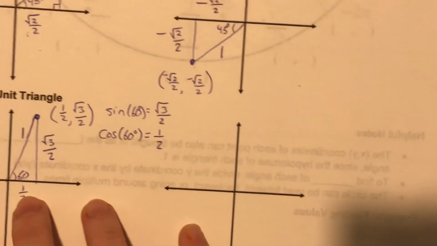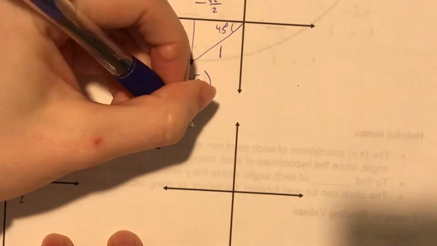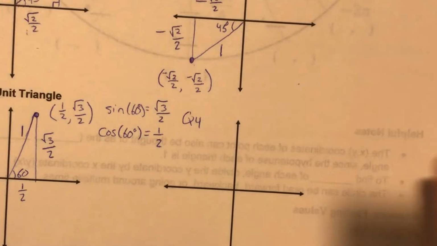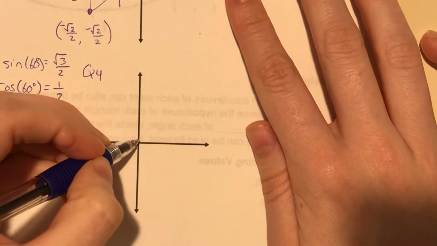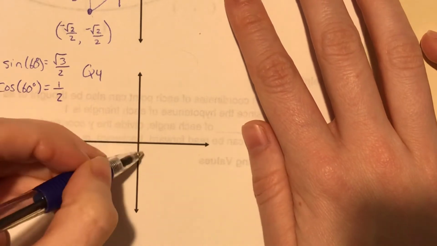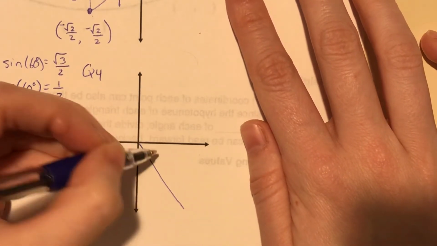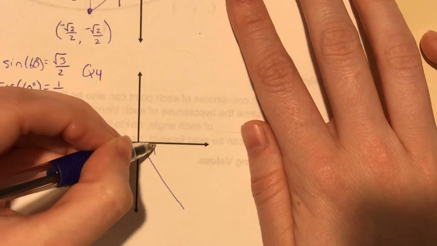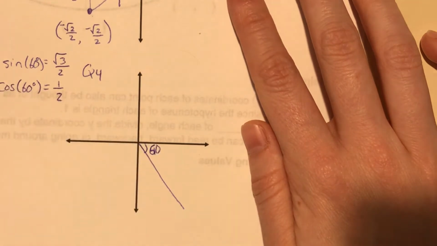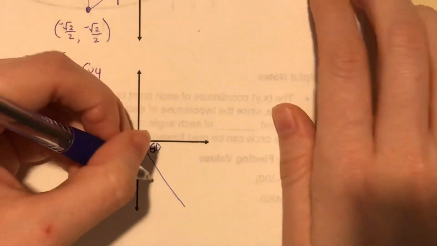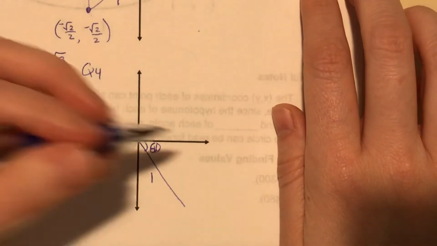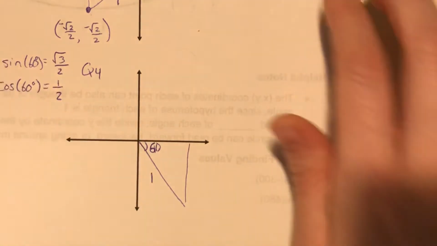And we will try to put a reference angle here in quadrant 4 because we haven't used quadrant 4 yet. So let's put a 60-degree reference angle. Again, remember, we're always measuring from the horizontal. So a 60-degree reference angle is being measured from the horizontal. So there's our 60-degree angle. All right, it's going down from the horizontal. And it's got a radius of 1 or a hypotenuse of 1. And here's our triangle.